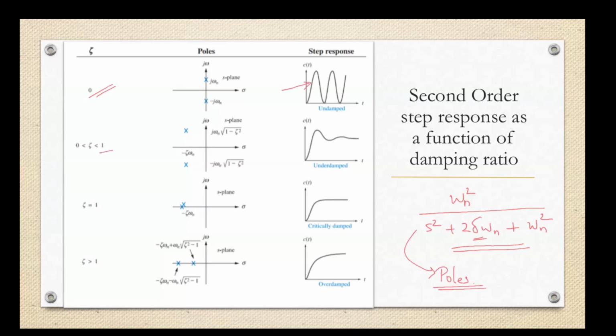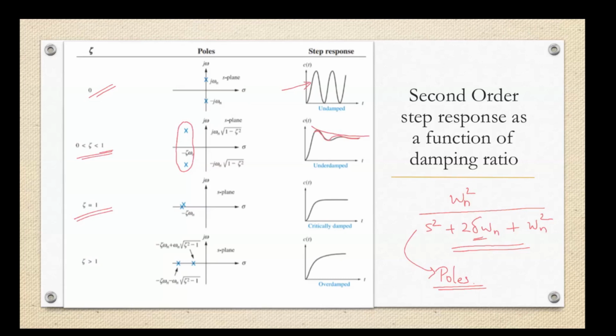And when the delta value is between 0 and 1, the poles lie on the left half of the S-plane. So there will be oscillations, but they are damped oscillations. The oscillations decrease as time goes on. For a critically damped system, we have two poles at the same location on the real axis.